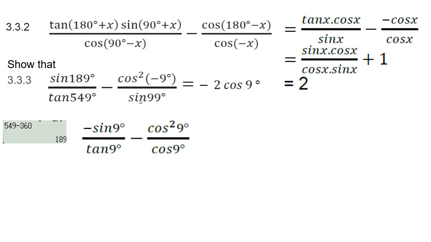That's true. Now, the sine of 99 degrees. What is the sine of 99 degrees? Well, that's really just the cos of 9. Now, why is that? I would go through a couple little steps here to get to that.